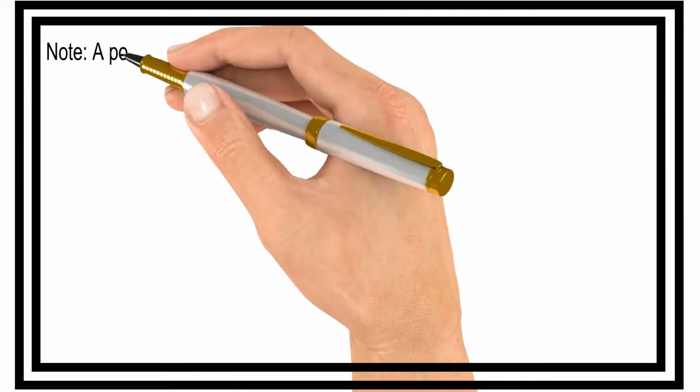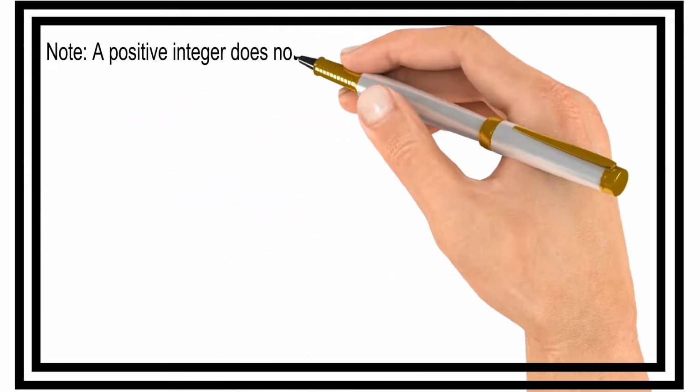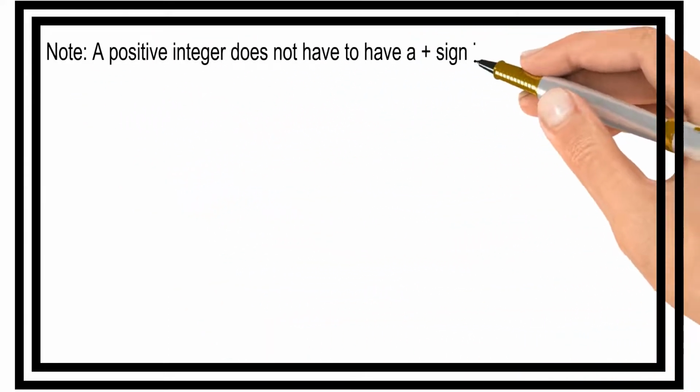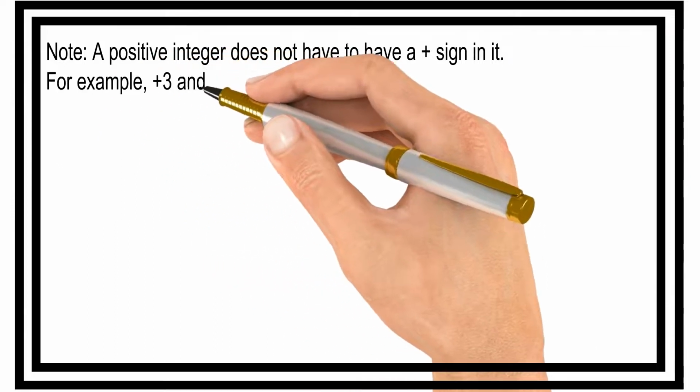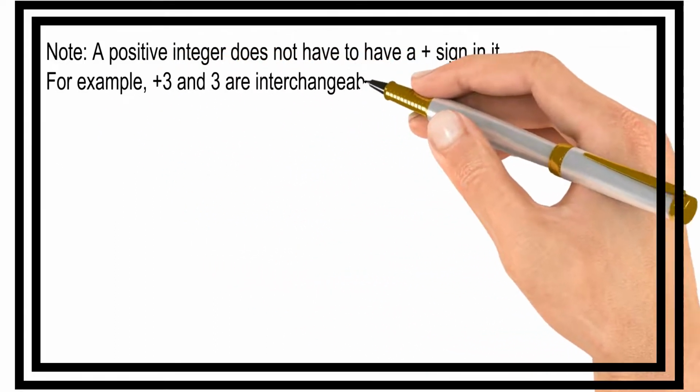Note, a positive integer doesn't need to have a plus sign in it. For example, +3 and 3 are interchangeable.